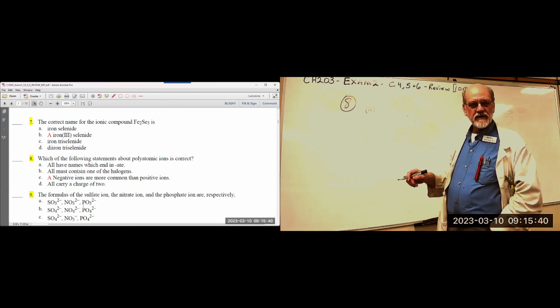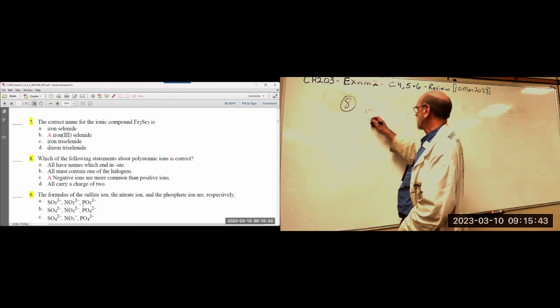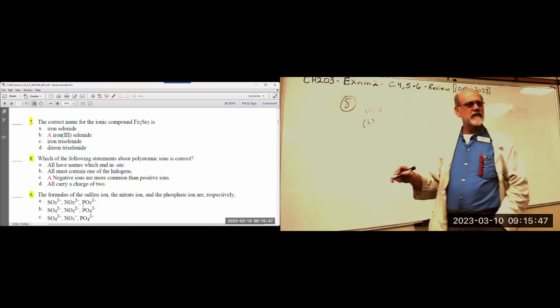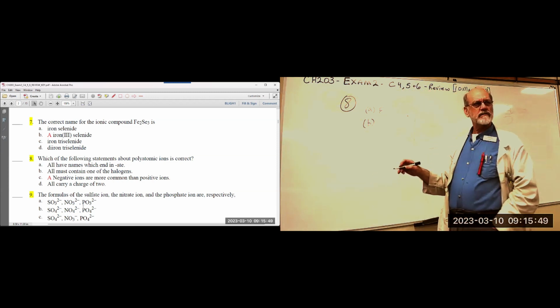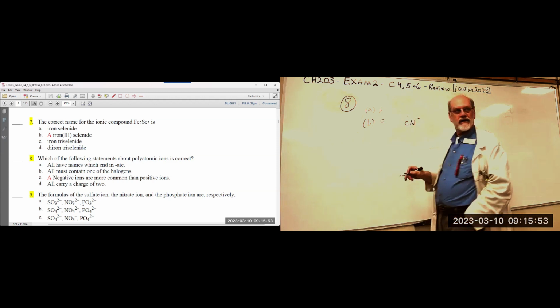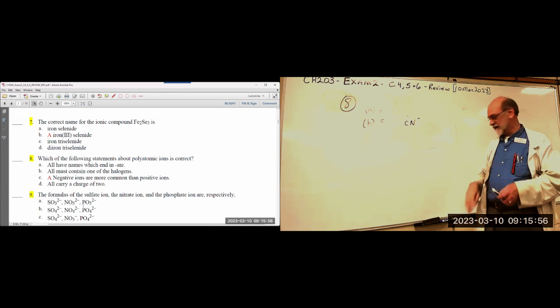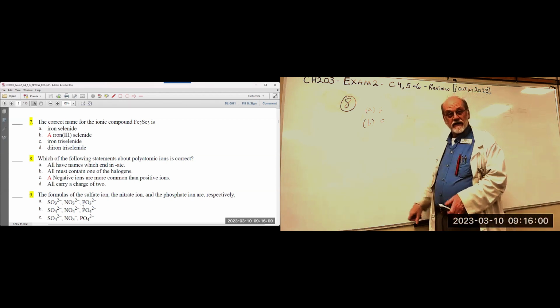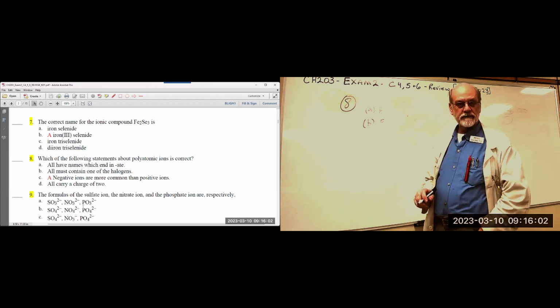All must contain one of the halogens. So this one's false. Do they all have to have halogens in them? I don't think so. What about the cyanide ion? That's a polyatomic. There are no halogens in that one. Now, a lot of them do have halogens, that's true, but not all of them.